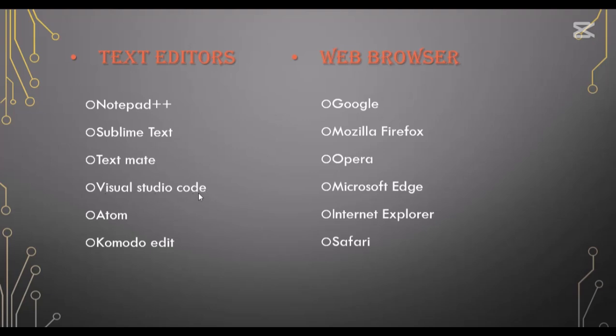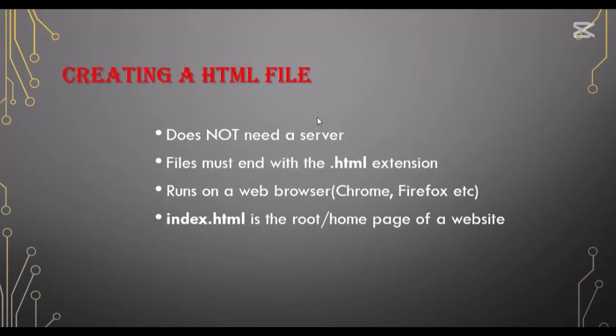It's quite easy to use. I also use Sublime Text once in a while, but I prefer Visual Studio Code because there are some things it can do that Sublime can't. For web browsers, we have Google Chrome, Mozilla Firefox, Opera, Microsoft Edge, Internet Explorer, and Safari. I'm going to be using Microsoft Edge because that's simply my default browser.